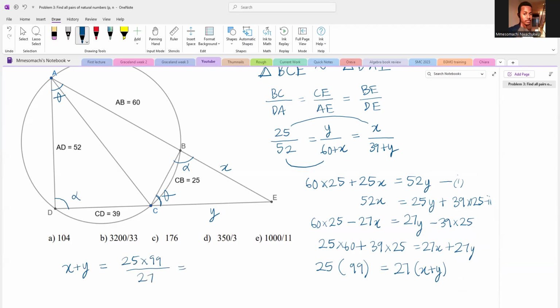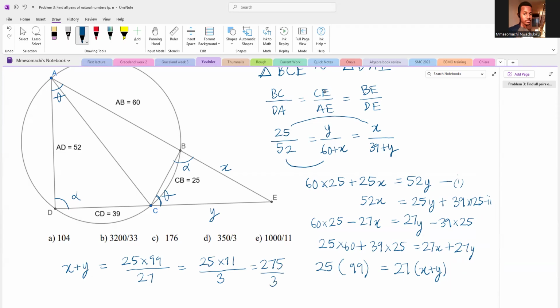We can divide both the numerator and denominator by 9, so it becomes 25 times 11 divided by 3. So that's what X plus Y is: 275 over 3.